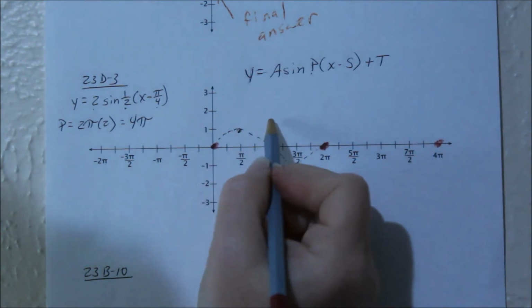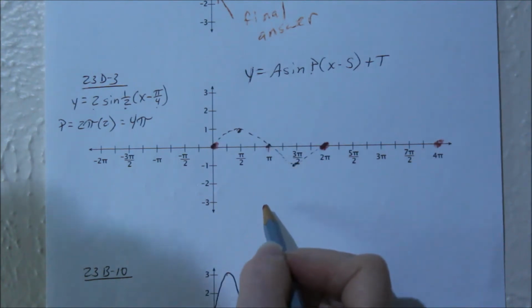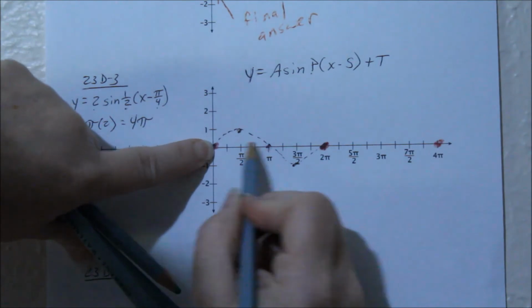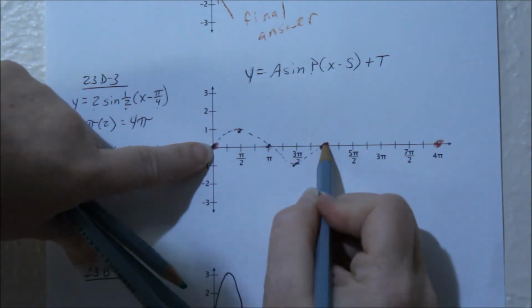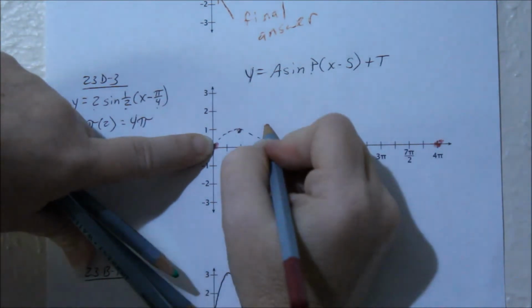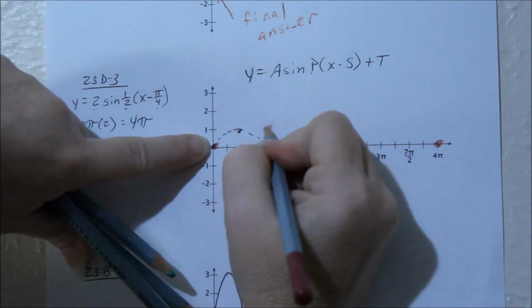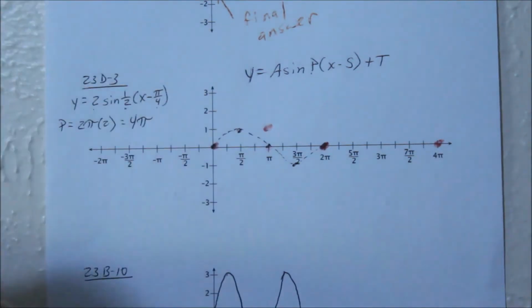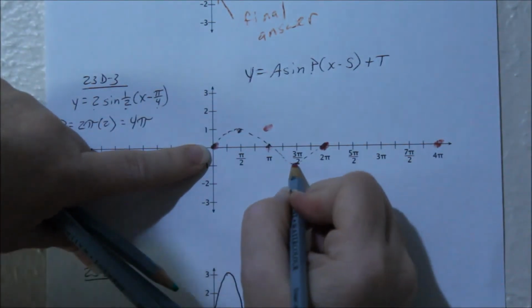So now I need to do my high point and my low point, okay? My high point is halfway in between these. So it'll be halfway in between these new points. Well, what's halfway in between 0 and 2 pi? Pi. So my high point will be right here, and that value of 1 didn't change. Mine looks higher, but it's still at 1. Okay, now I need to figure out what this low point is.